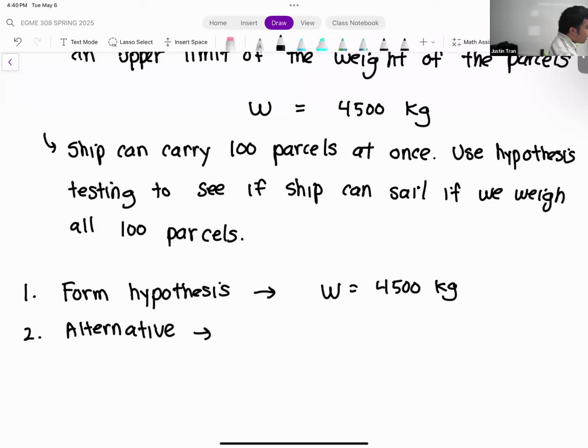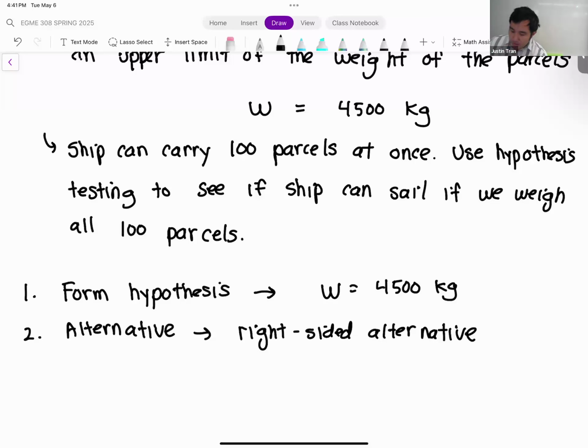And so this would be a situation where we would want to choose a right-sided alternative. And the reason we choose this is that the ship cannot sail, or the fuel consumption will be too high, or the ship just may sink if the weight is greater than 4,500 kgs.